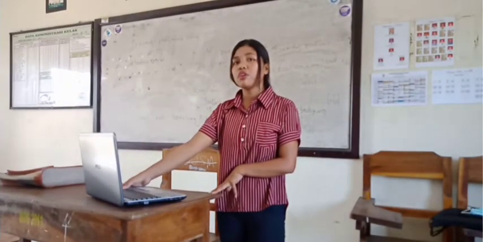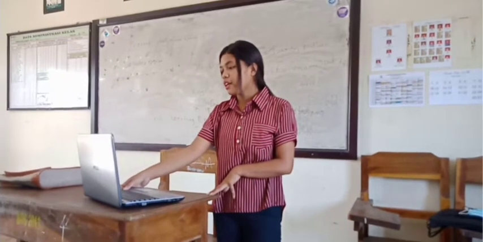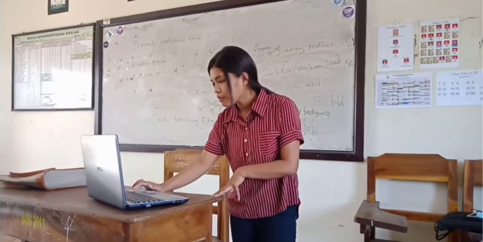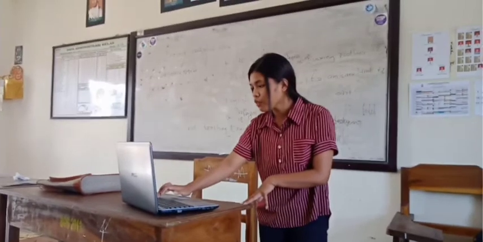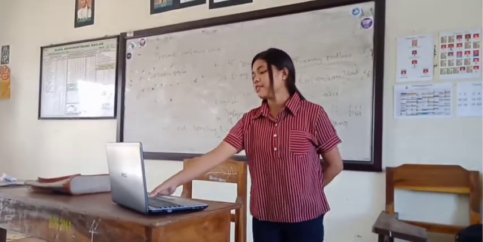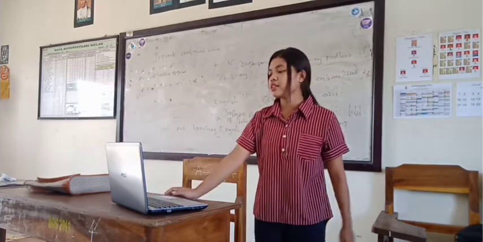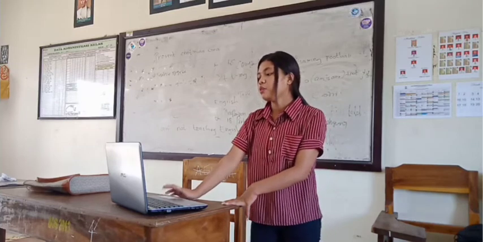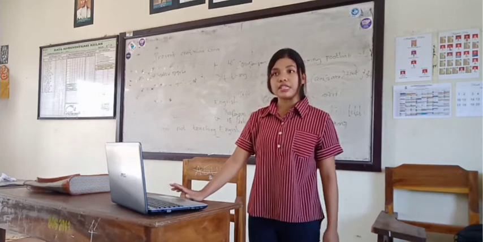So if you want to write the experience, you can use the simple past tense. And then the second, recount text uses action verbs, such as walk, talk, give, visit, and others.